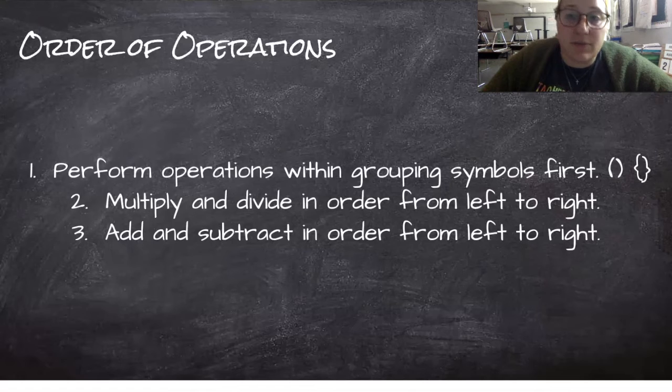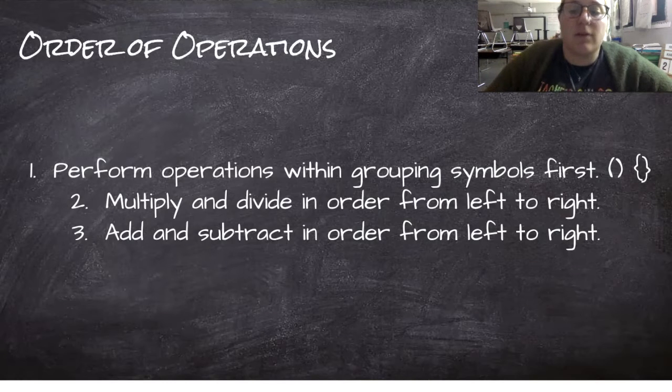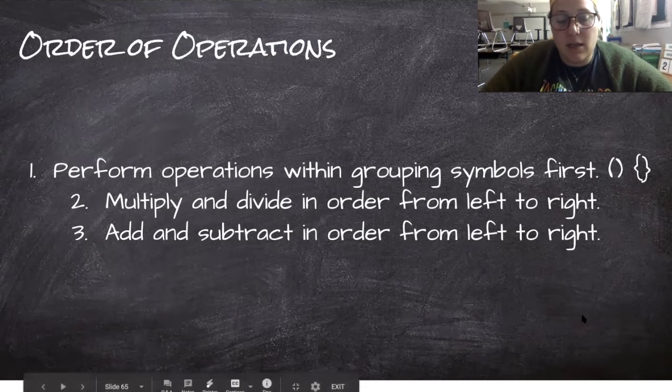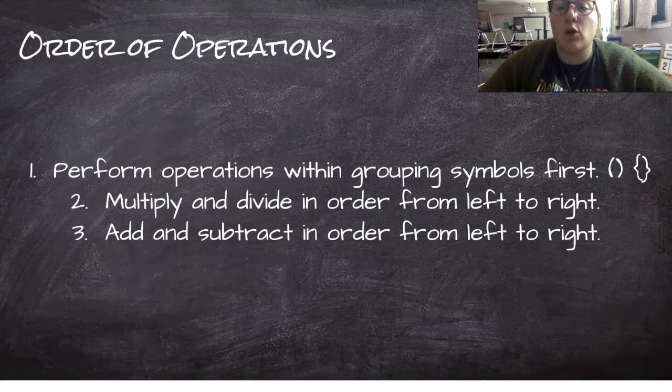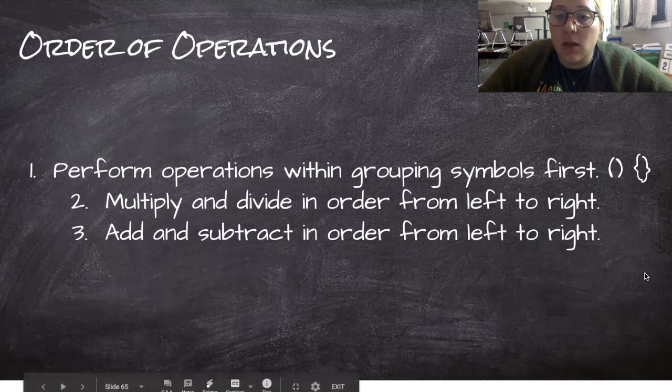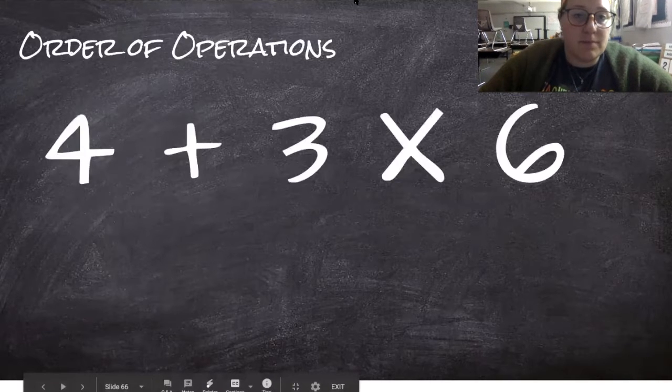If division comes first, then you do division first, whichever is on the left. Then finally you add and subtract in order from left to right. So following these rules of grouping symbols, multiply and divide, add and subtract, let's go back and solve.